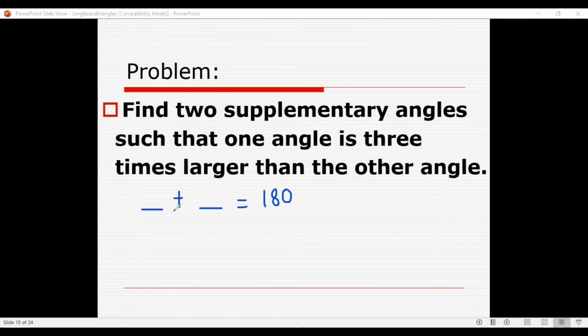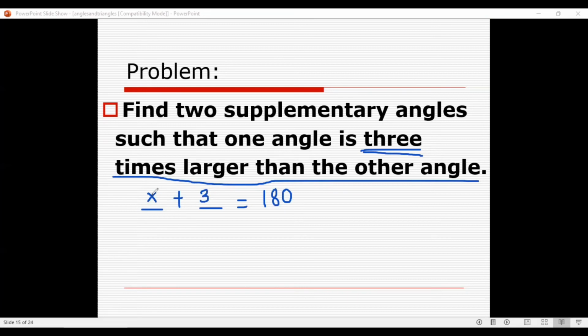So if I let one angle be x, because I do not know that, I will be representing that by x. Therefore, the other angle, which is 3 times larger, is a certain expression where whatever the value of x, it is 3 times. So that means it will become 3x.